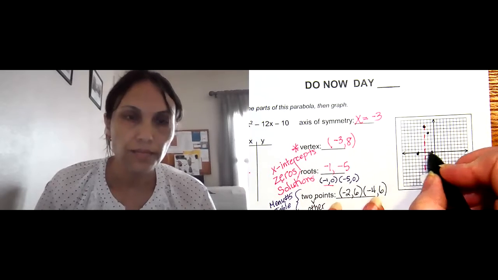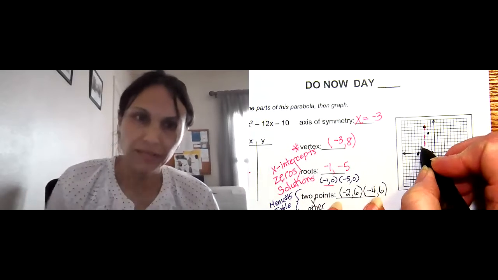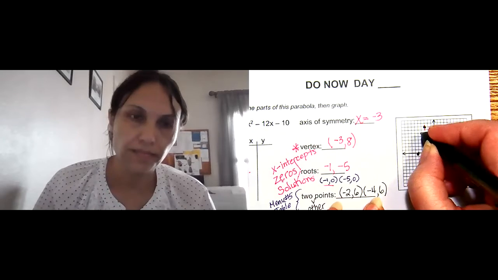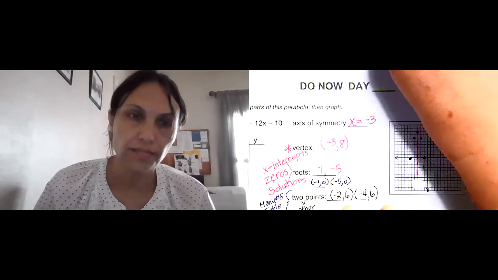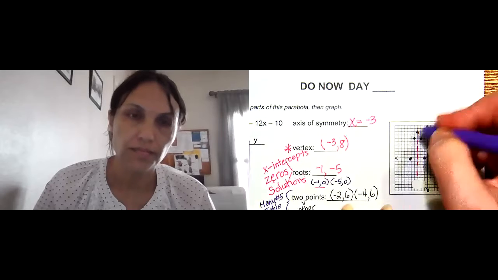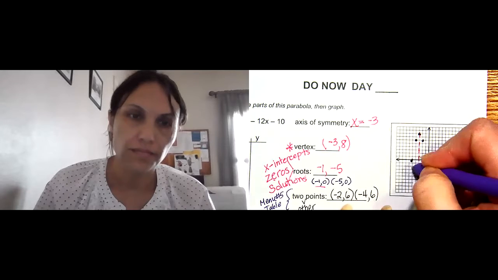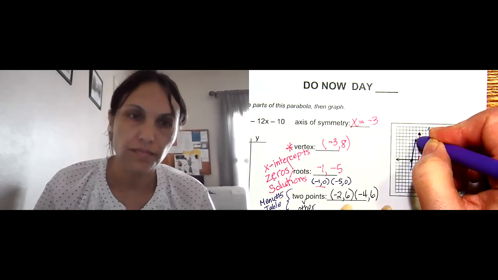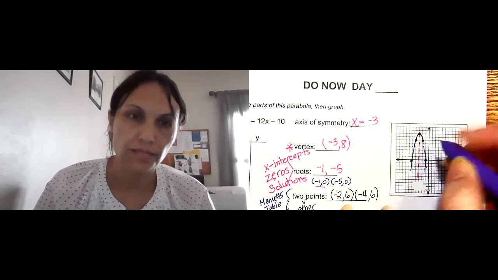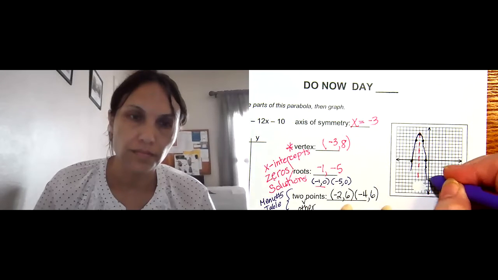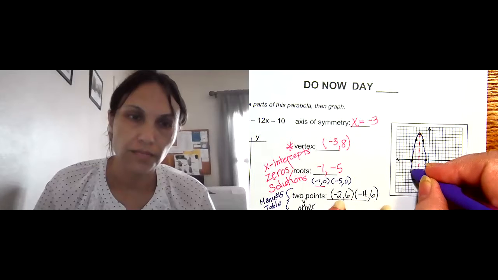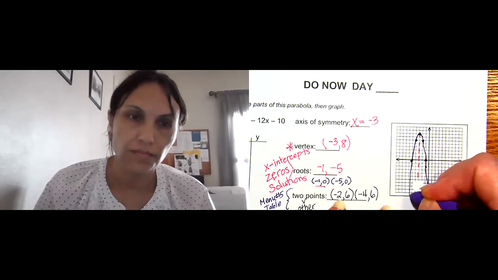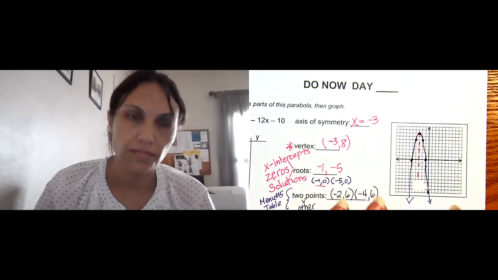And then -4, 6. And now I've got some more points to draw. It's going to make more sense when I go ahead and trace the points, and it gives me a more accurate graph. I'm actually going to go down to that one. It's probably going to go through there.